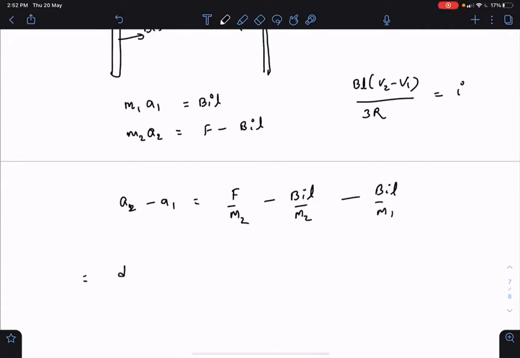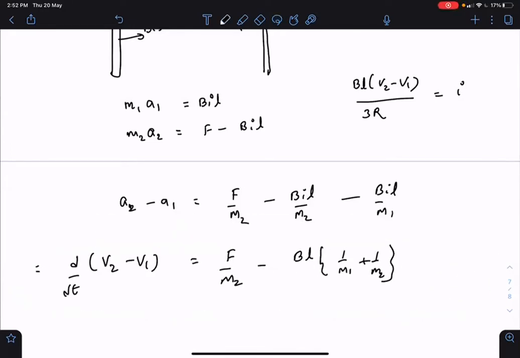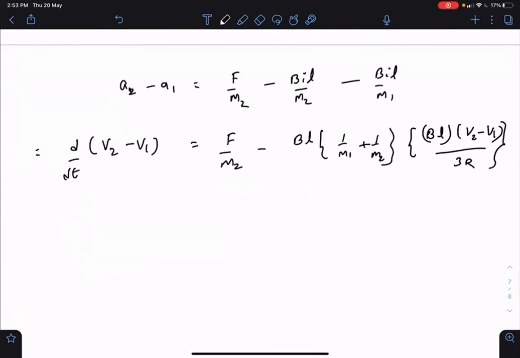So this way we will write it as d by dt of V2 minus V1 into the current. And how much is the current? Current is equal to BL into V2 minus V1 by the total resistance, which is 3R. So you get a differential equation in V2 minus V1.